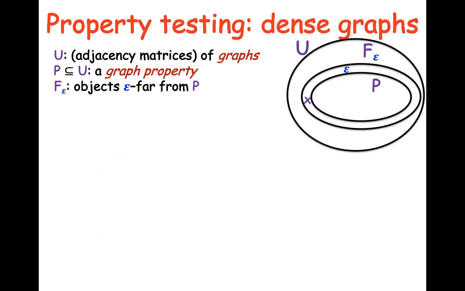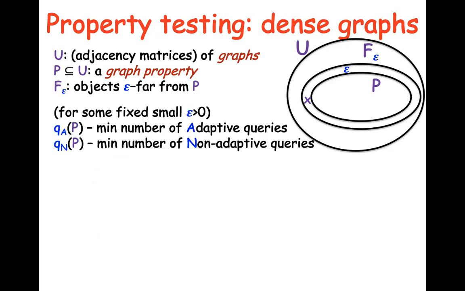Our property is a graph property, namely closed under isomorphism. And in the setting of comparing this relative power, let's fix an epsilon, maybe some constant like 1%, and define Q_A of P and Q_N of P, respectively, the minimum number of queries required by adaptive testers and by non-adaptive testers.